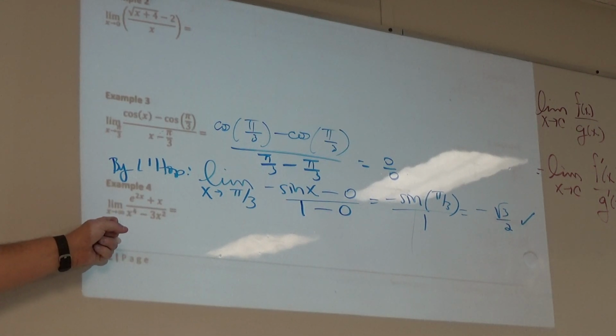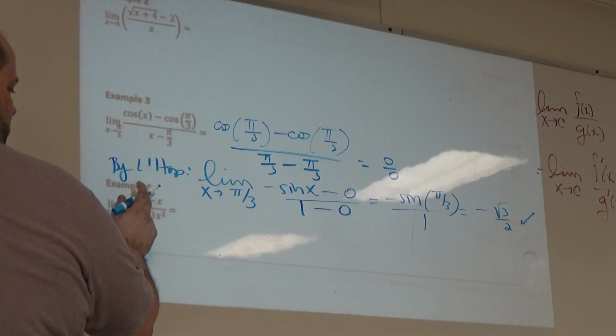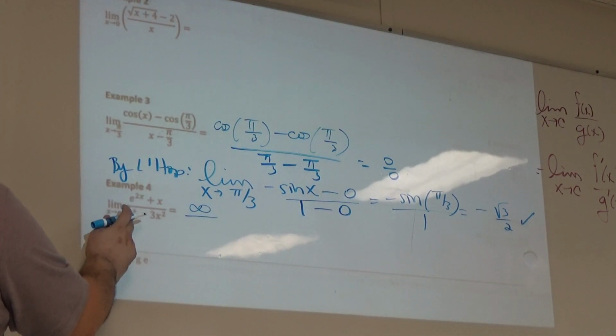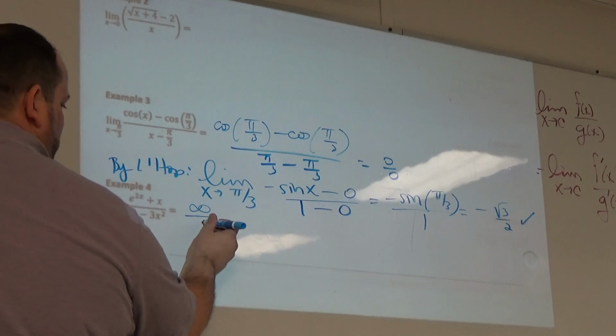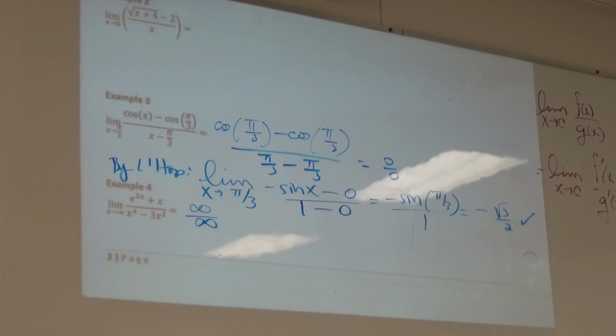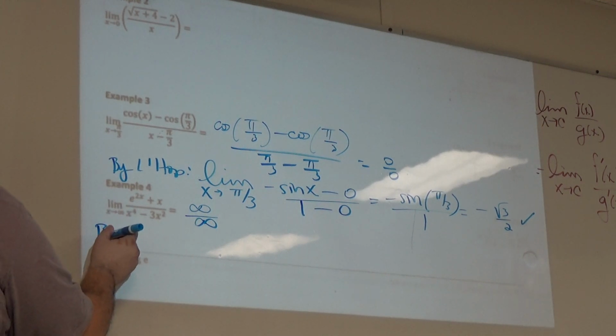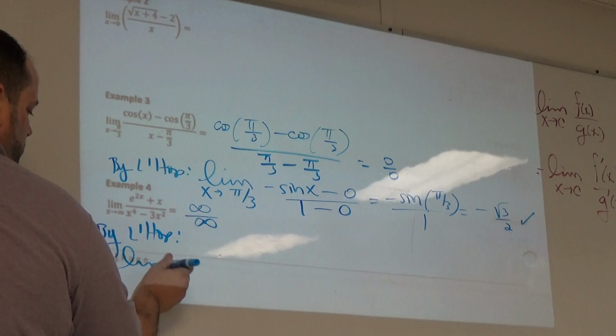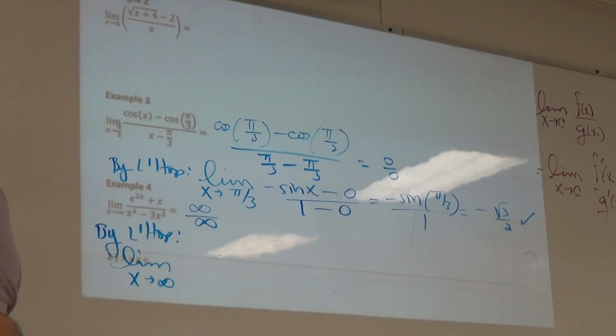If I take the limit as x approaches infinity, I get e to the infinity, which is infinity, plus infinity. Infinity to the 4th minus 3 times infinity squared is going to be infinity. Indeterminate form? Absolutely. So try L'Hopital. L'Hopital's rule says take the limit as x approaches infinity.